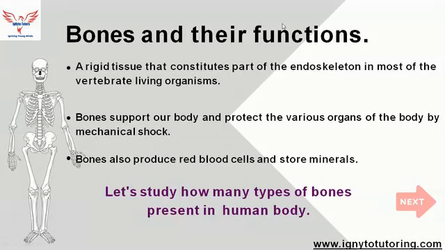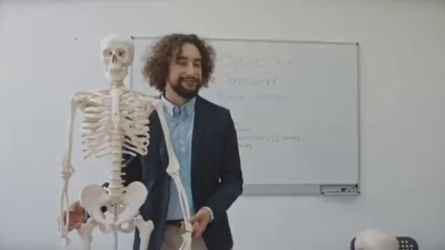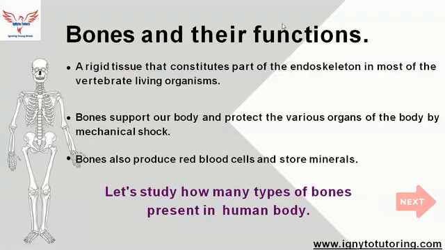In this lecture, we will be learning bones and their functions and types of bones. So, what are bones? Bones are rigid tissues that constitute part of the endoskeleton in most vertebrates. Bones come in a variety of shapes and sizes and have a complex internal and external structure.